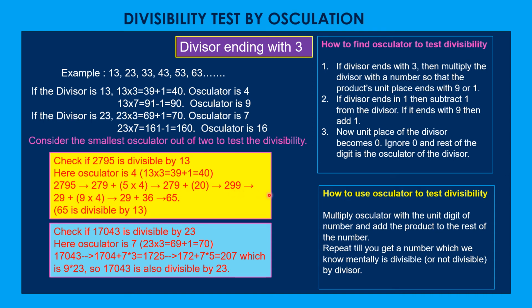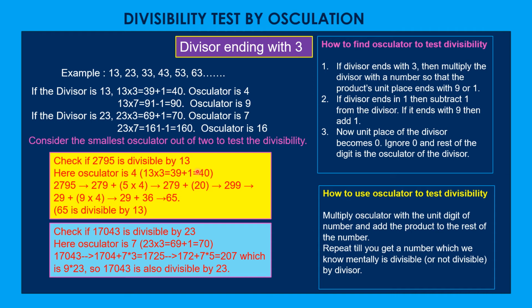So you repeat till you get a number in the end which we know mentally is divisible by your divisor 13. So here we got 65. 65 is divisible by 13 and hence your number 2795 is divisible by 13.